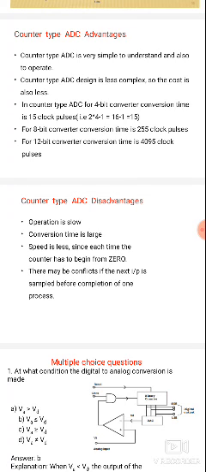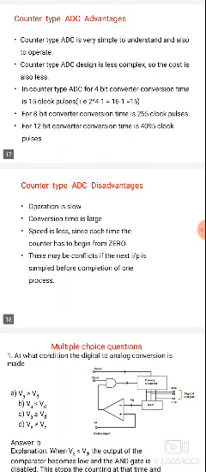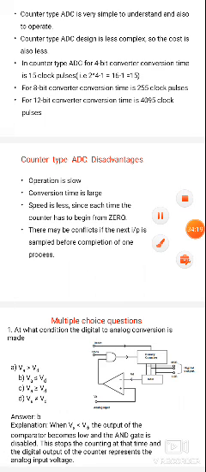It requires clock pulses, an AND gate after the counter, the digital to analog converter output, and the analog input voltage. It requires an op-amp type of comparator. So it is a simple circuit. Mainly it consists of an op-amp comparator, AND gate, counter, and digital to analog converter block. So the counter type ADC is very simple, easy to understand and also to operate.